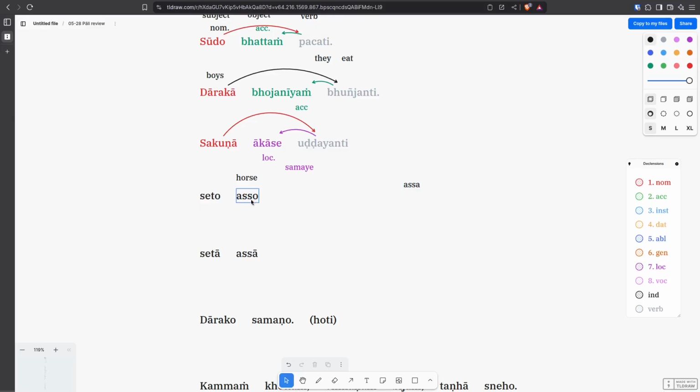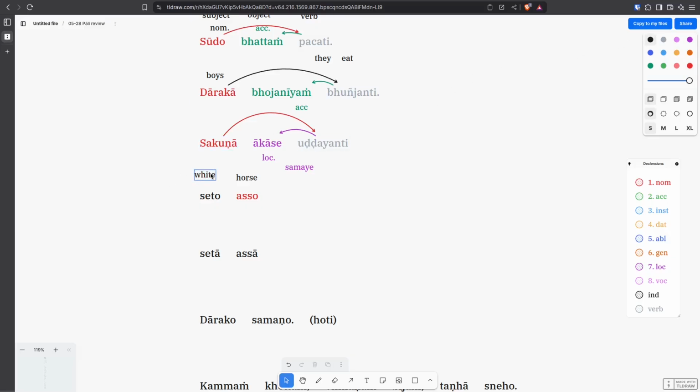And so here it's a noun, a thing, and so it's a horse. But assa can also be a pronoun, meaning for him, to him. It's conjugated from that pronoun. But here asso is in nominative, and we want to say that the horse is white.